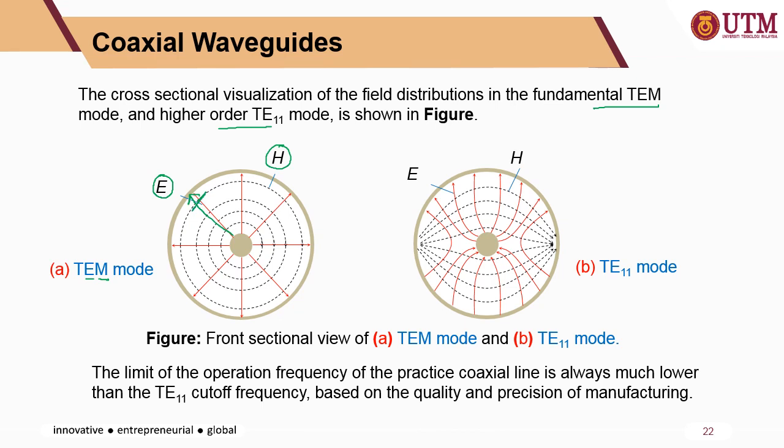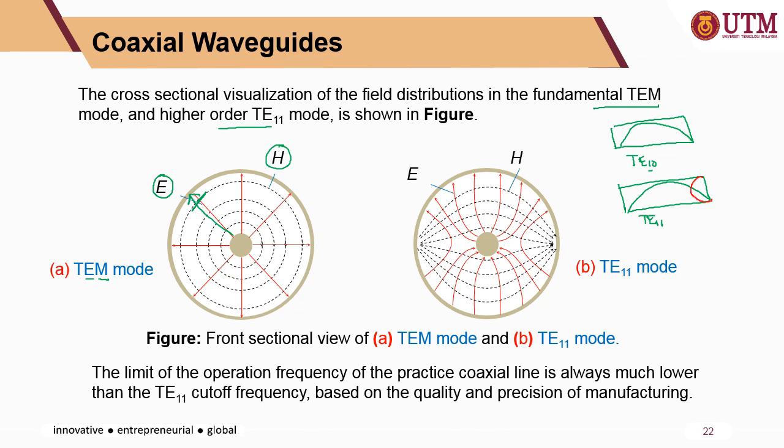For TE11 mode, if you remember, when you have TE101 you have one half wavelength across the broadside. But when you have TE11, it means you have one half wavelength on the broadside and one on the shorter side.